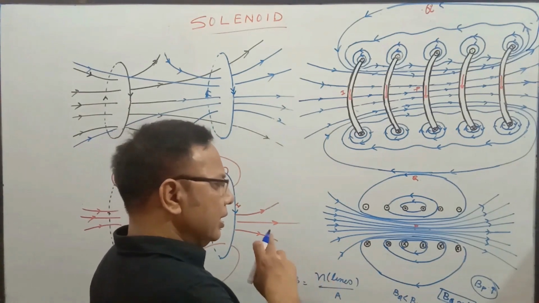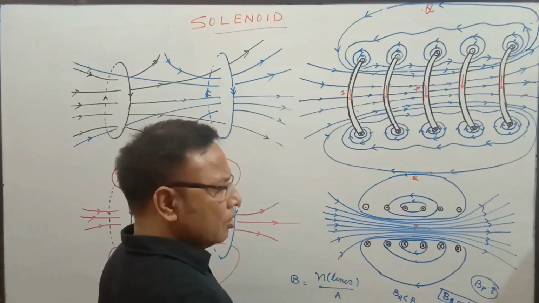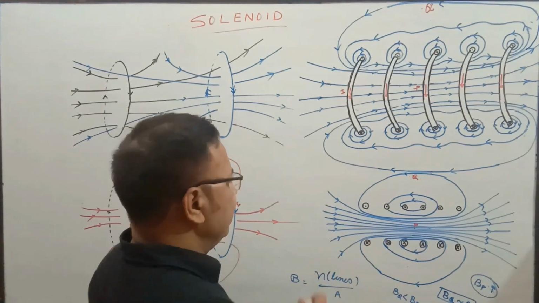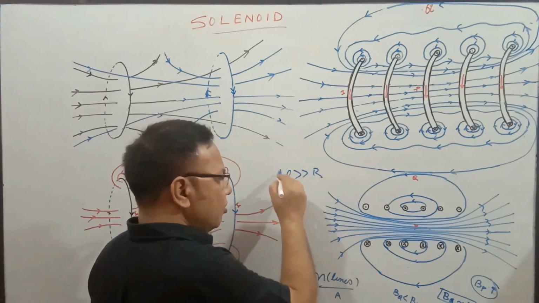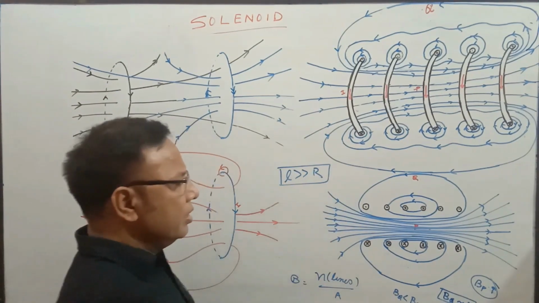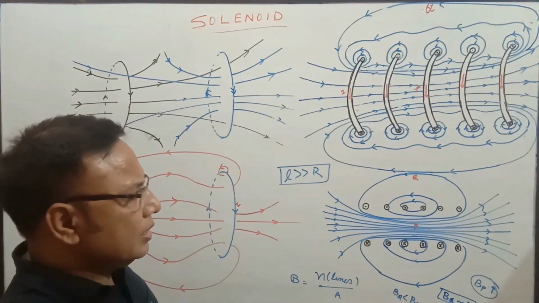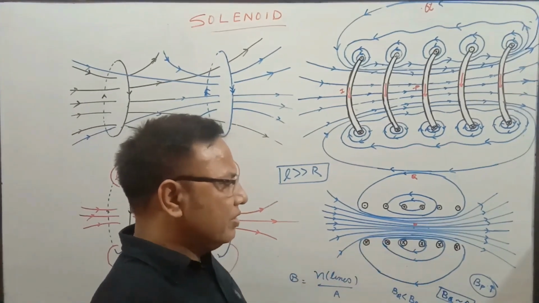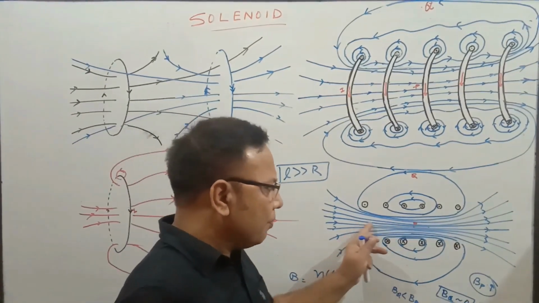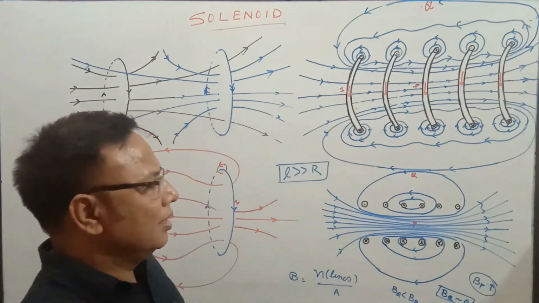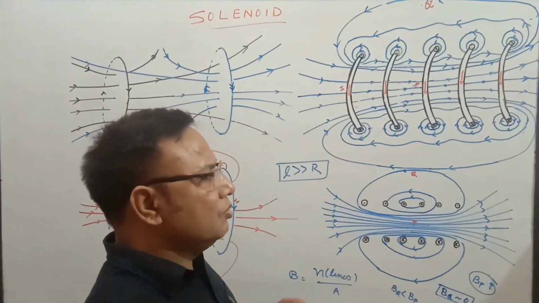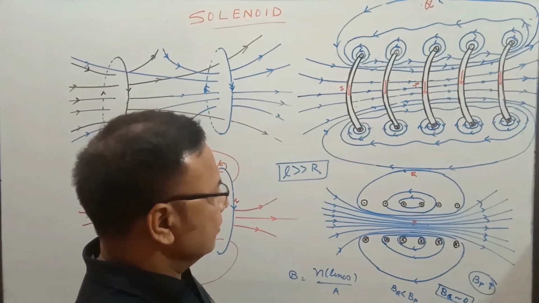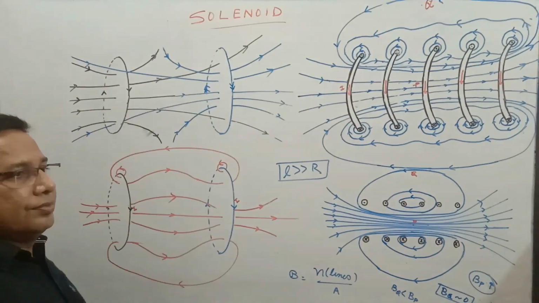When the length is much larger than the radius of the solenoid, we shall get a very strong value of magnetic field, uniform along the axis, and outside a weak value of field. So that is the explanation of a solenoid.